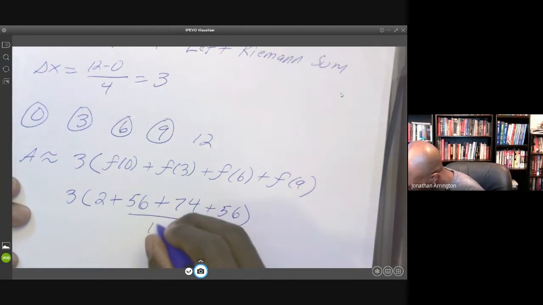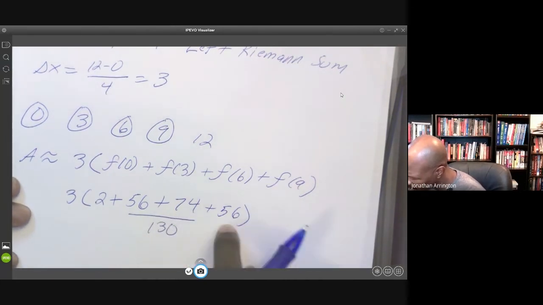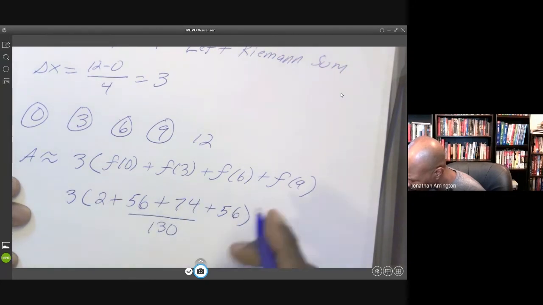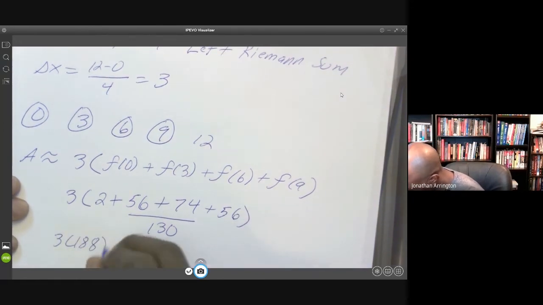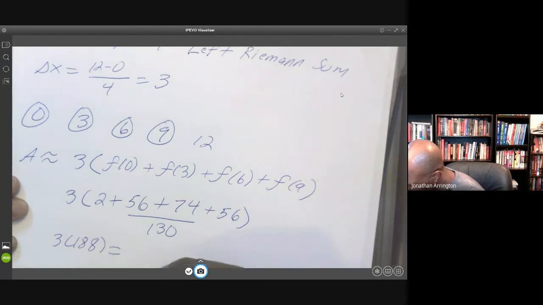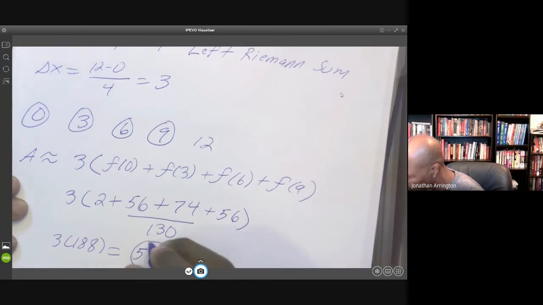That's 130. And these two are 58. So 130 and 58 would be 188. So this is 3 times 188. And 3 times 180 is 540, and 3 times 8 is 24. So I have 540 and 24. So that's 564.